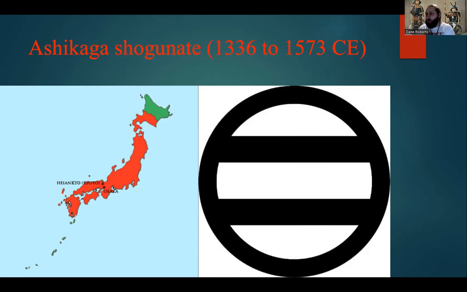There were several shogunates, such as the Kamakura shogunate, which preceded the Ashikaga shogunate. While the shoguns were not the emperor, they were the real power behind Japan. Oftentimes, the emperor was a figurehead, and the Ashikaga shogunate was no different. The shoguns held the real power.